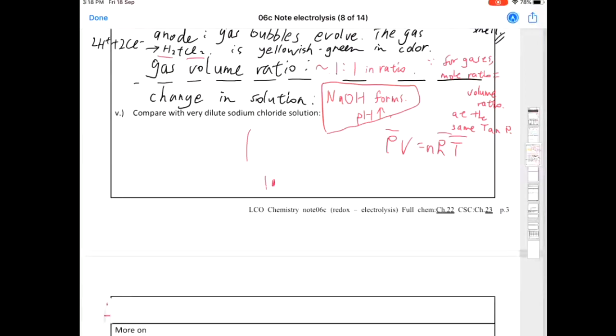Again, just two inverted test tubes, and then inside there are graphite electrodes, and then with some NaCl inside. However, this time we are using very dilute NaCl, and let's say maybe its concentration is equal to 1 × 10⁻⁷ M.